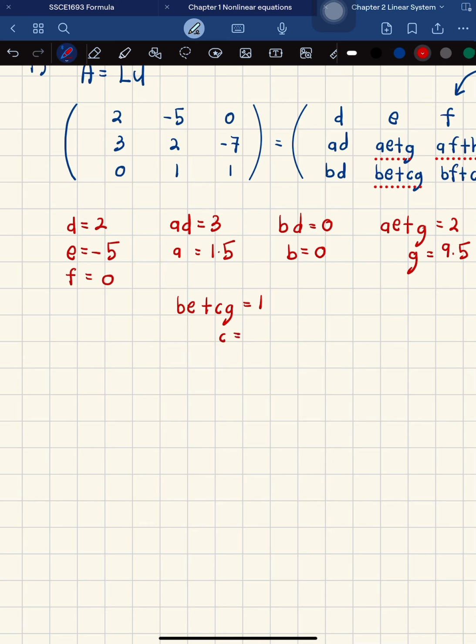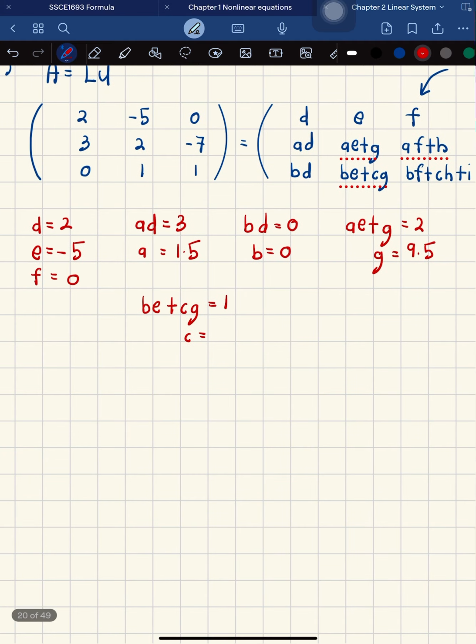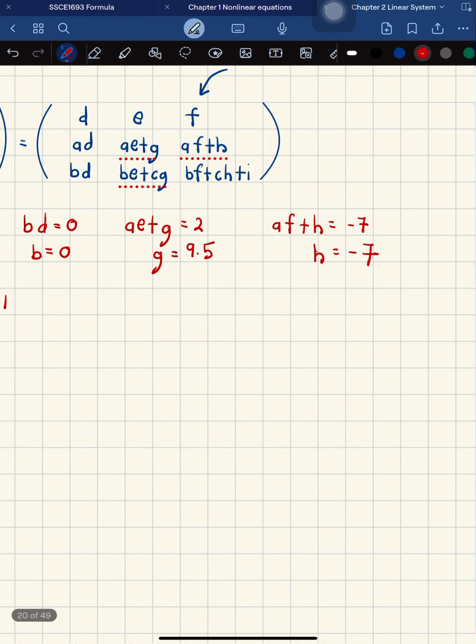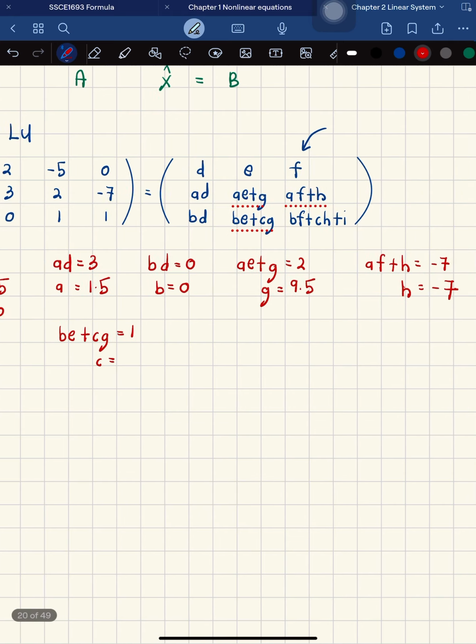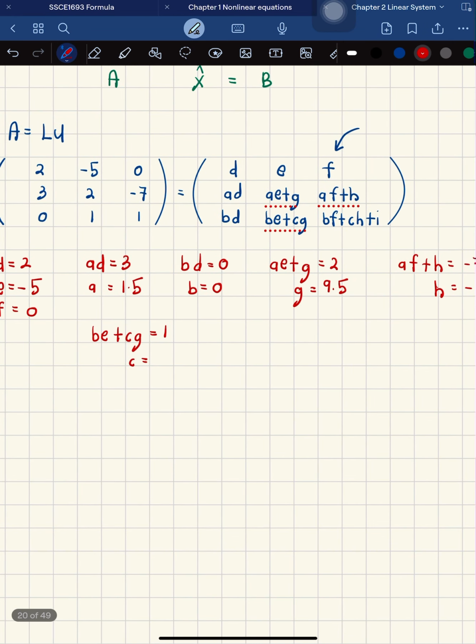So C is equal to 1 minus BE, 0, and then minus CG, divided by G. What is the value of G? 9.5.